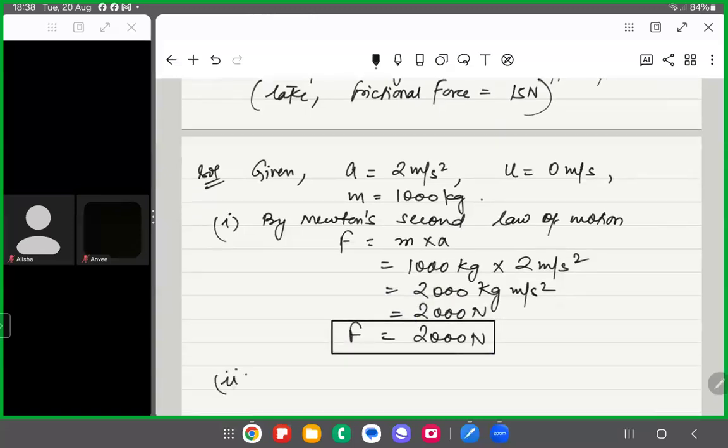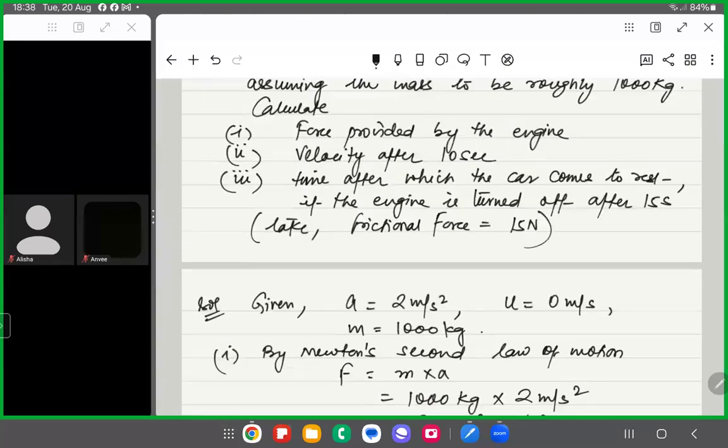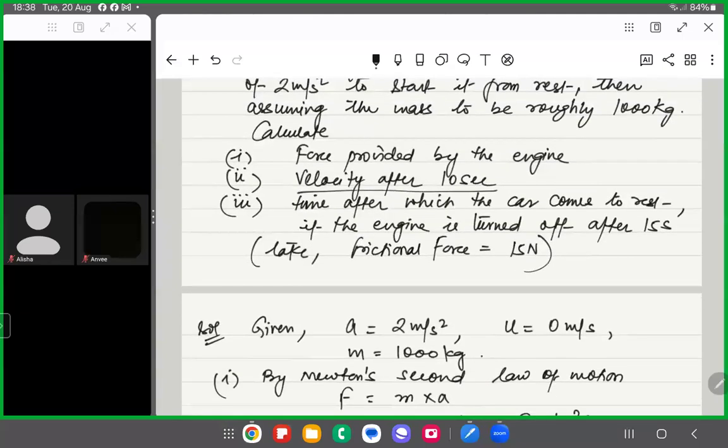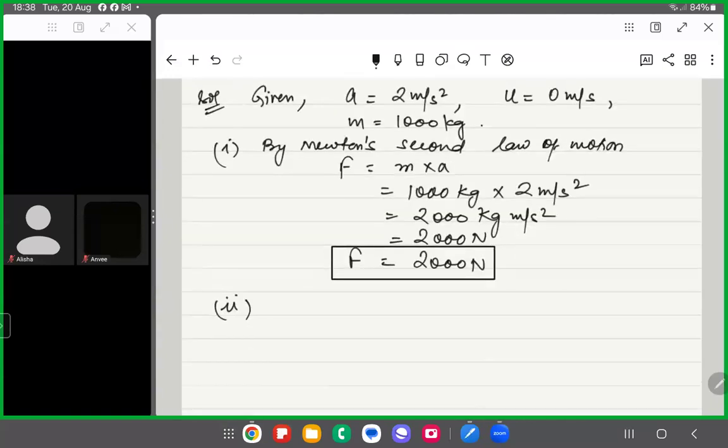Now in the second part, we have to find the velocity after 10 seconds. What will be the velocity of the car after 10 seconds, if the force provided by the engine is 2000 Newton? To find this, we need to use the first equation of motion.